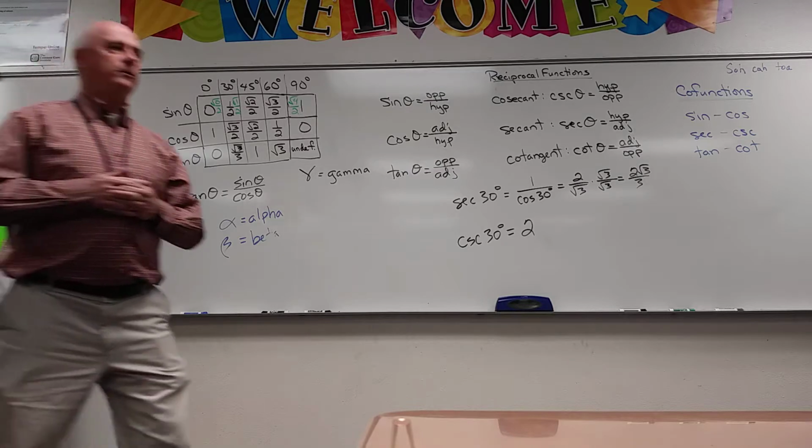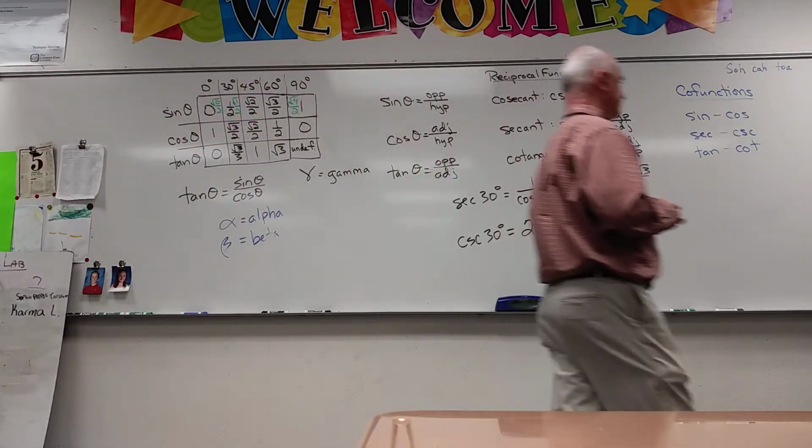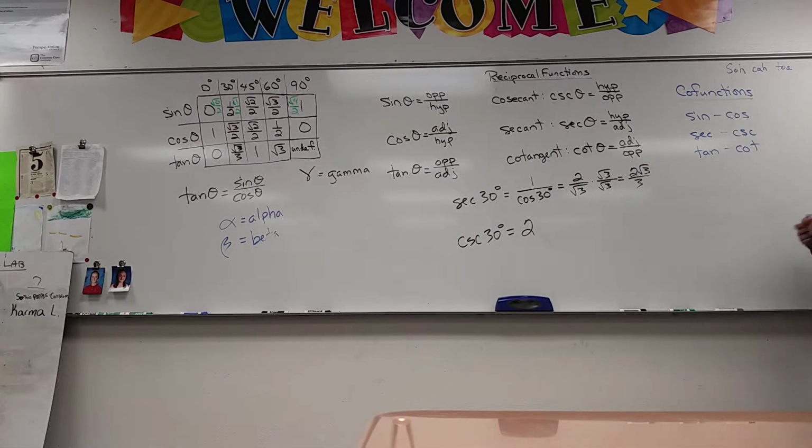What's the purpose of cofunctions? Good question. Here's the way cofunctions work. If 2 angles add up to be 90 degrees, in other words, 2 angles are complementary, then the sine of one of them is equal to the cosine of the other one of them.